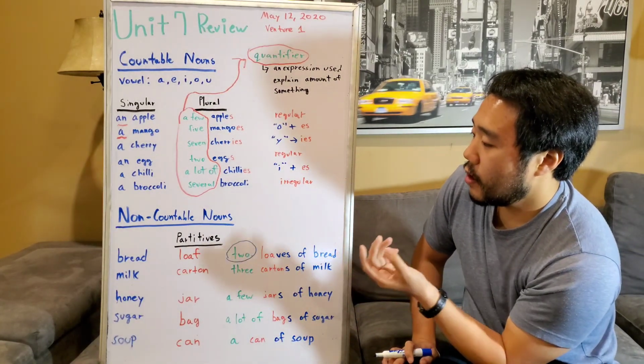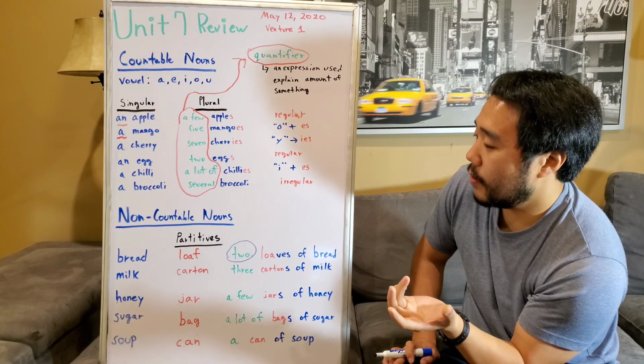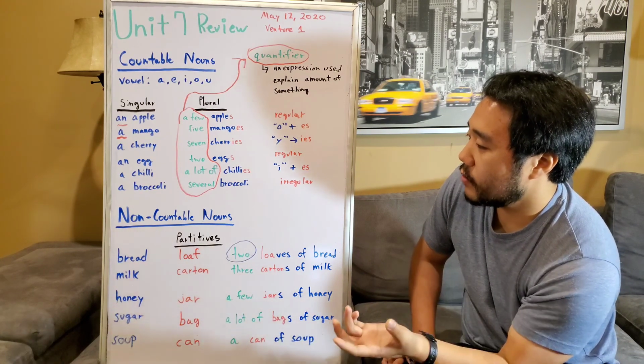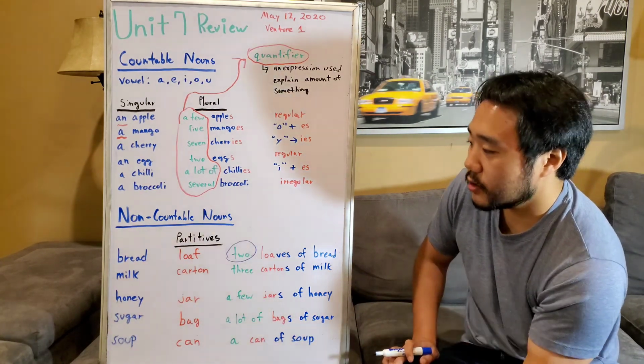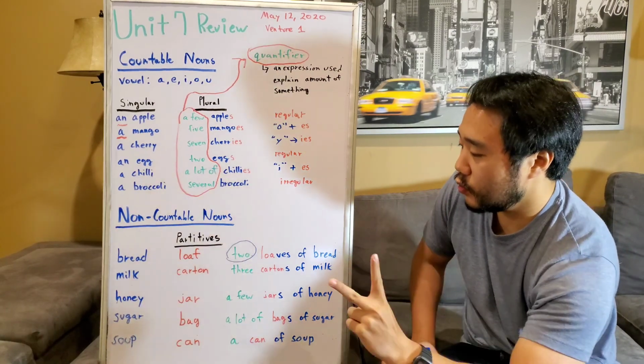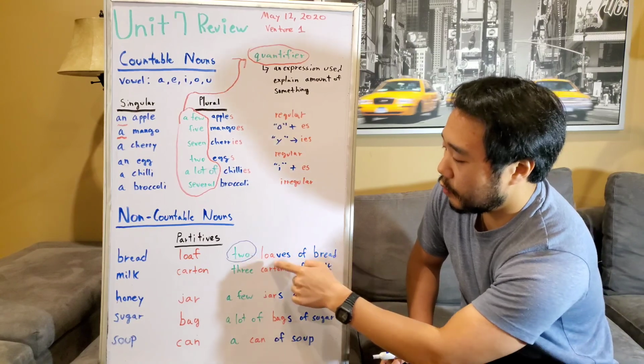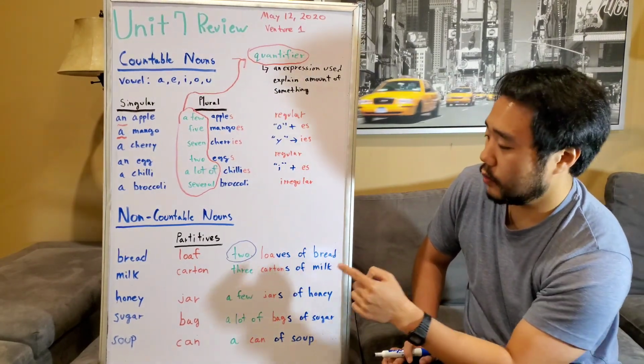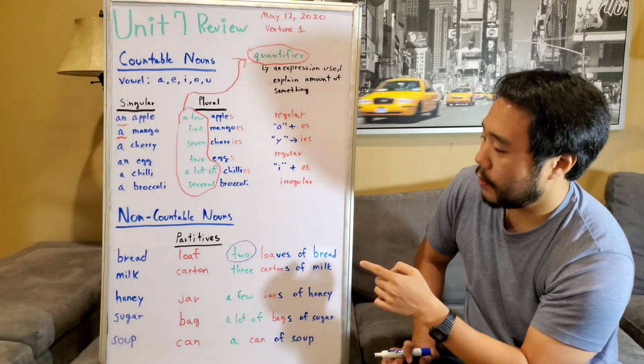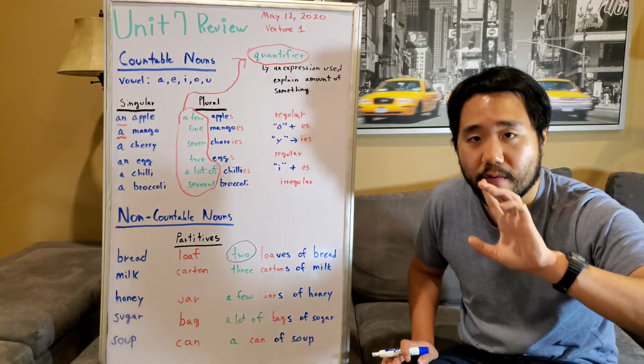And now, I said we're trying to make a non-countable noun countable, so there are two loaves of bread. This is a plural form. But what if it's singular?